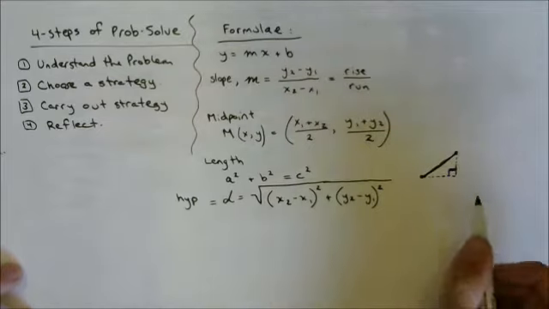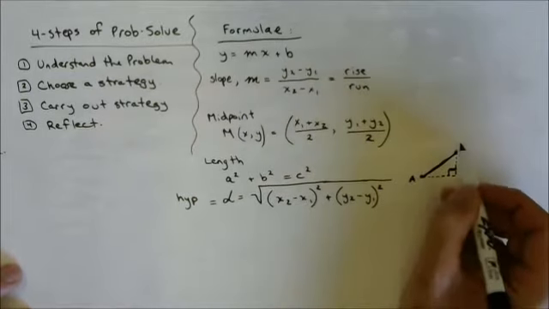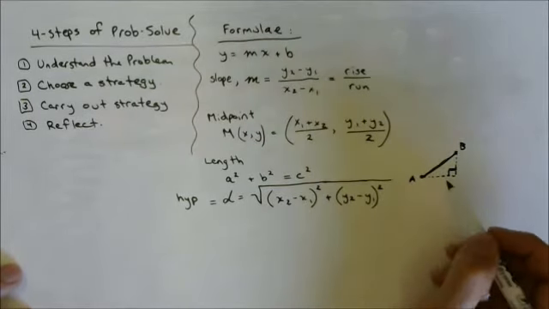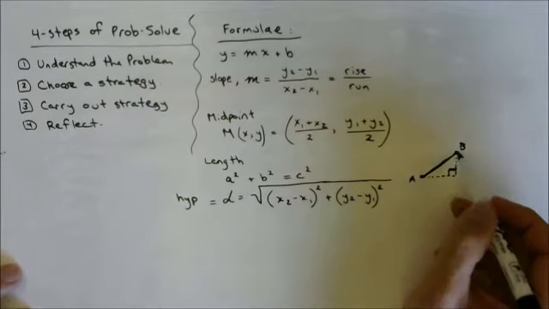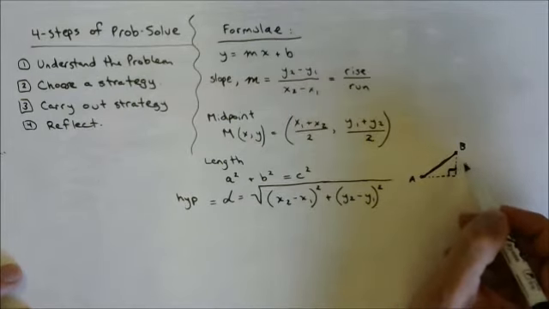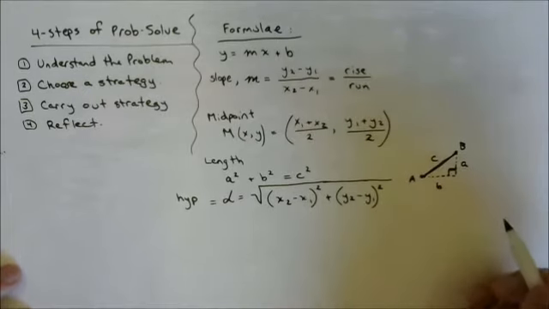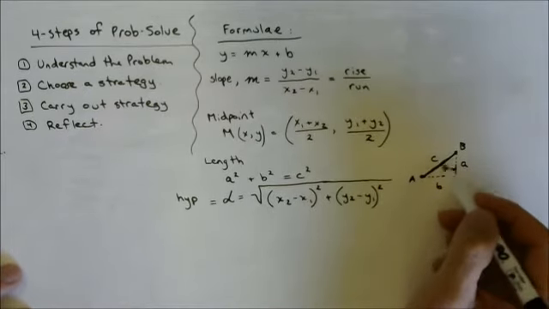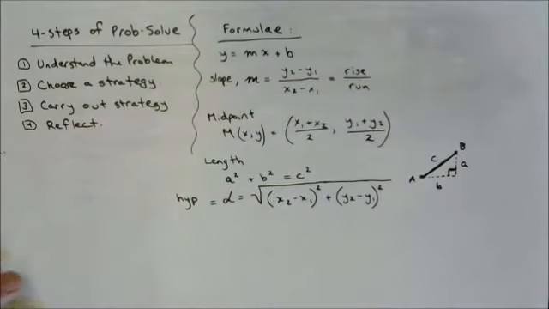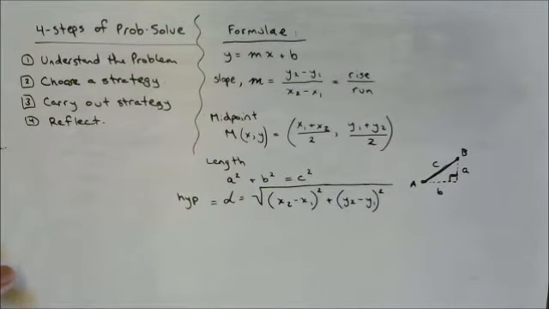So with any problem, you're going from point A to point B, all you need to do is think, okay, I can make this a right triangle. I know this leg, and if I find out that leg, then I can find the hypotenuse. Okay, there are the tools that you're going to use, the 4 steps of problem solving, and all the formulas that we need moving forward. So heading to example 1.